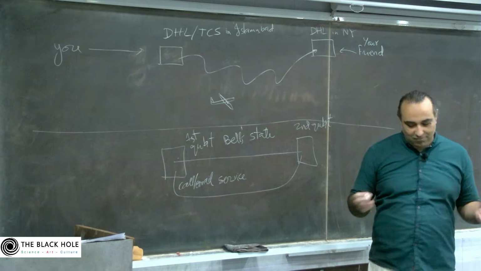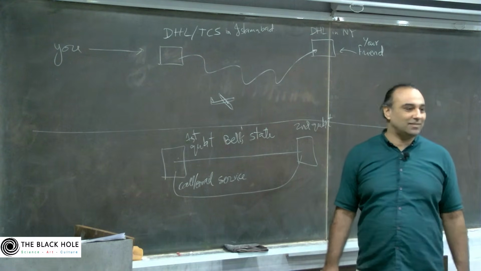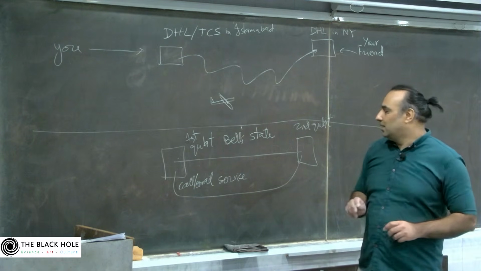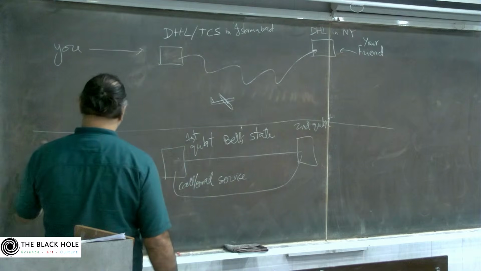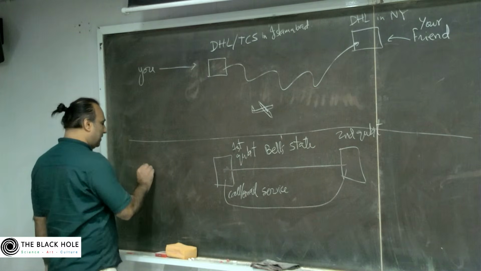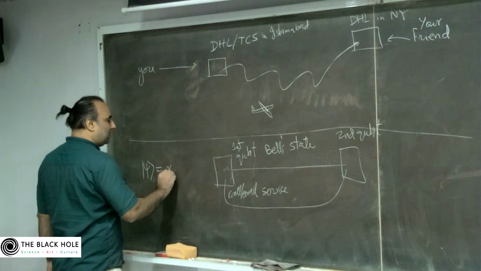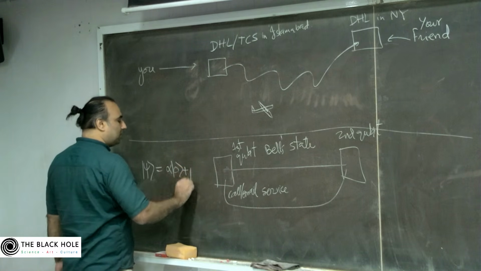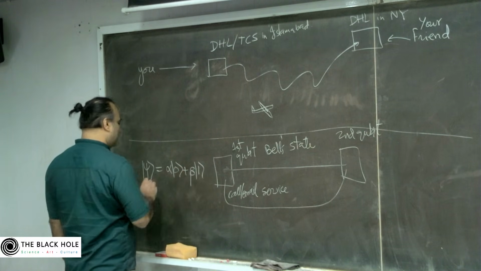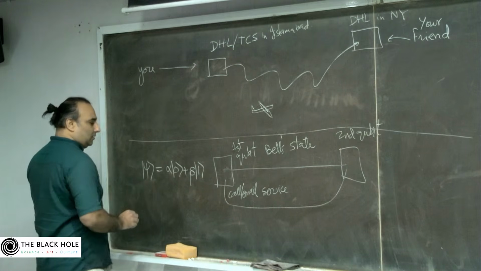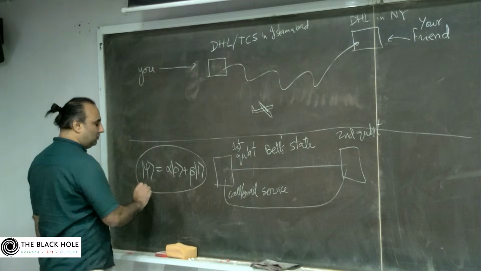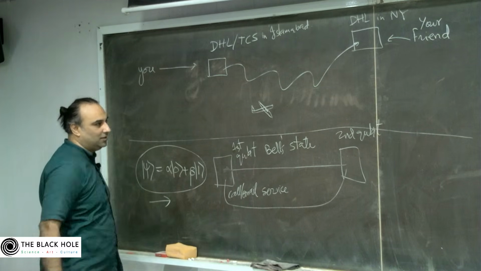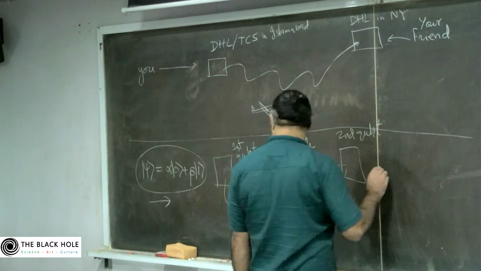If they have this and they know how to do it, then they can do it. These are the resources, and now you have your qubit in some state, let's say alpha 0 plus beta 1. This is your qubit. You want to teleport this and have it here.